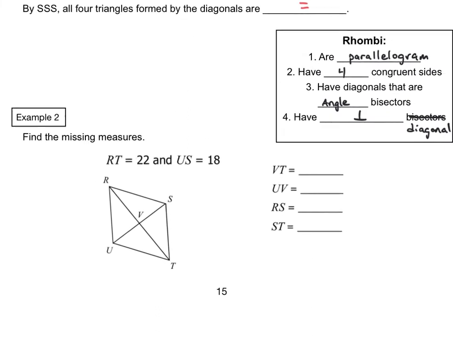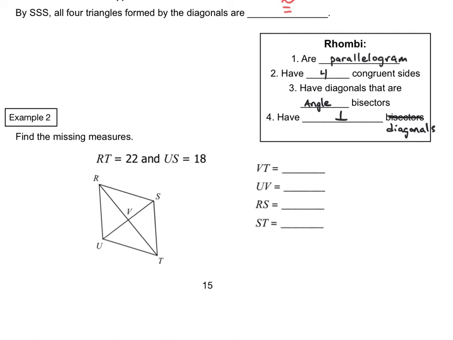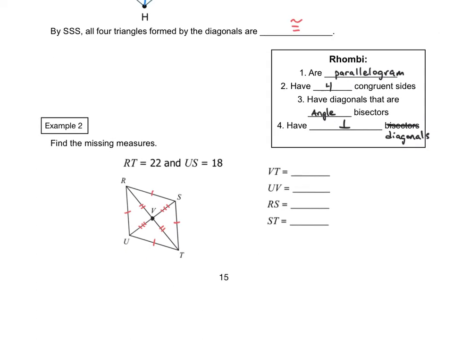We know that our sides are congruent. We know that our diagonals bisect each other, making V a midpoint. Now let's just look at, they've given us RT, so RT is equal to 22.